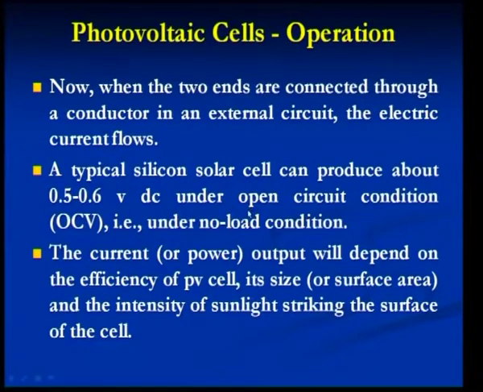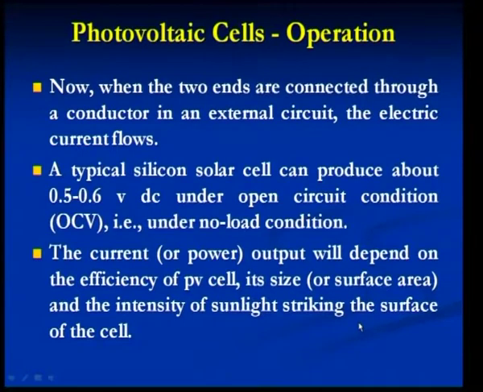The current or the power output will depend on the following factors. One important factor is the efficiency of the PV cell itself, how efficiently the photovoltaic cell works; its size or the surface area onto which the sunlight falls; and the intensity of the sunlight that strikes the surface of the cell.